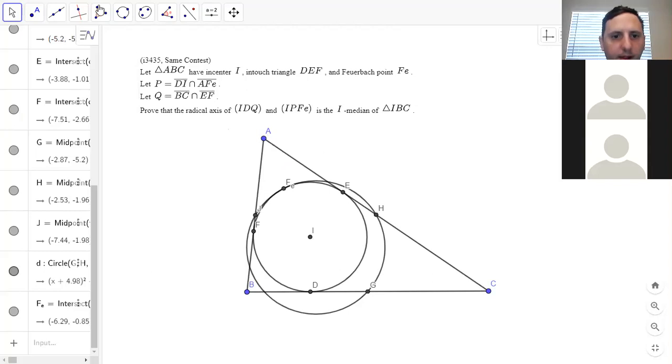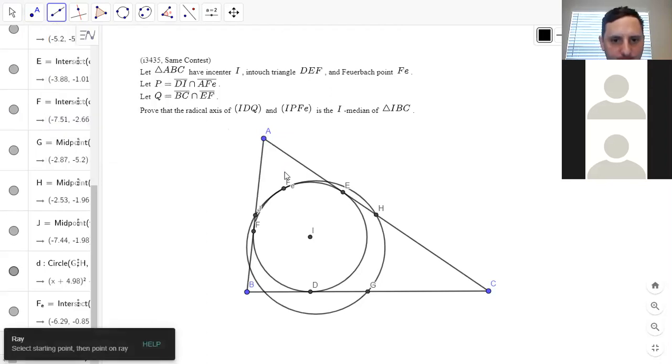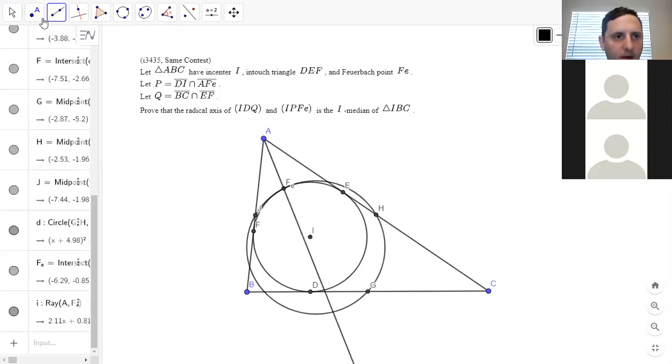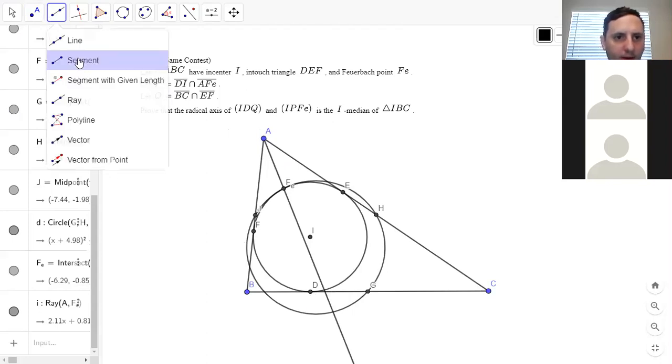So then we have DI intersect AFE. Here I could just draw it as a segment.